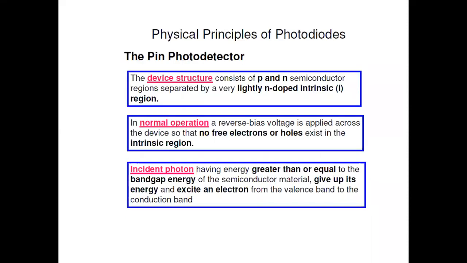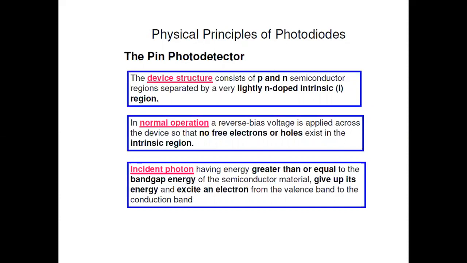The physical principle of photodetectors, particularly for PIN photodetectors: the device structure consists of P and N semiconductor regions separated by a very lightly doped intrinsic region, the I region. In normal operation, a reverse bias voltage is applied across the device so that no free electron or hole exists in the intrinsic region.